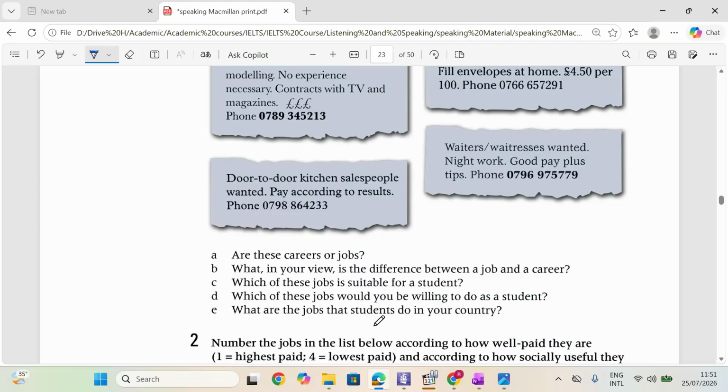Okay. So I think that these are not careers since they're not going anywhere. These are just jobs, or in better terms, just gigs. Like you're not going to do modeling for time, or you're not going to be a professional salesperson.